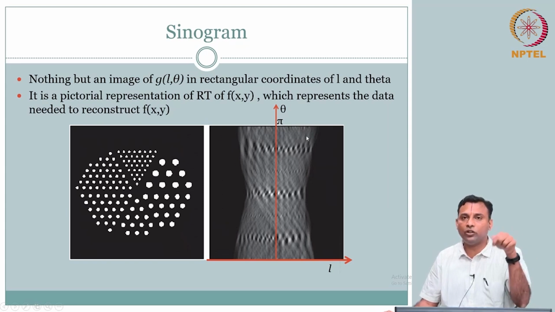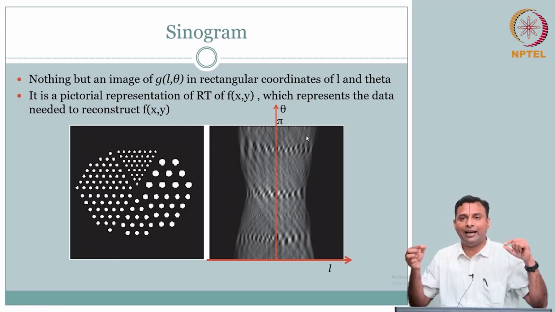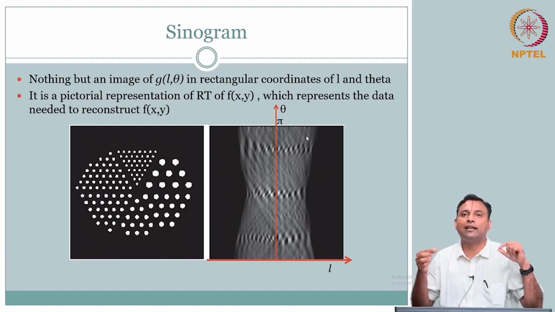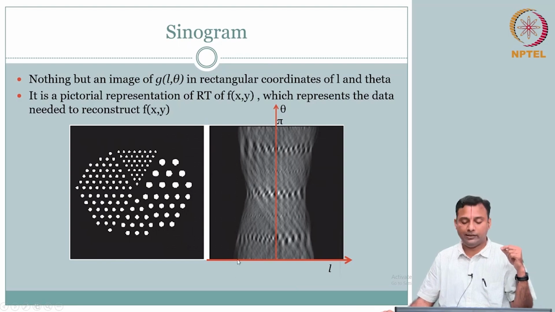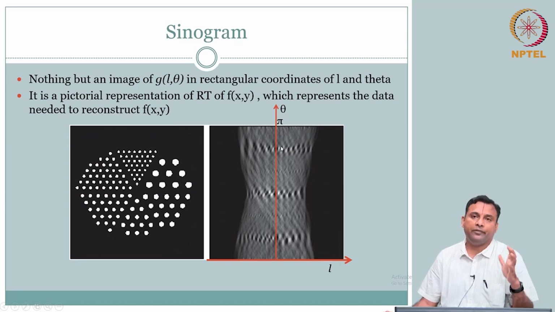How many detectors you are going to have, or if you think about it as translation, or you think about an array detector, how many array elements there are, that is going to determine your axis here. How many points you are going to have along this axis. So, you see that the sinogram has some information. From this you can actually measure the size of the object, the width of the object, and so we can get that.